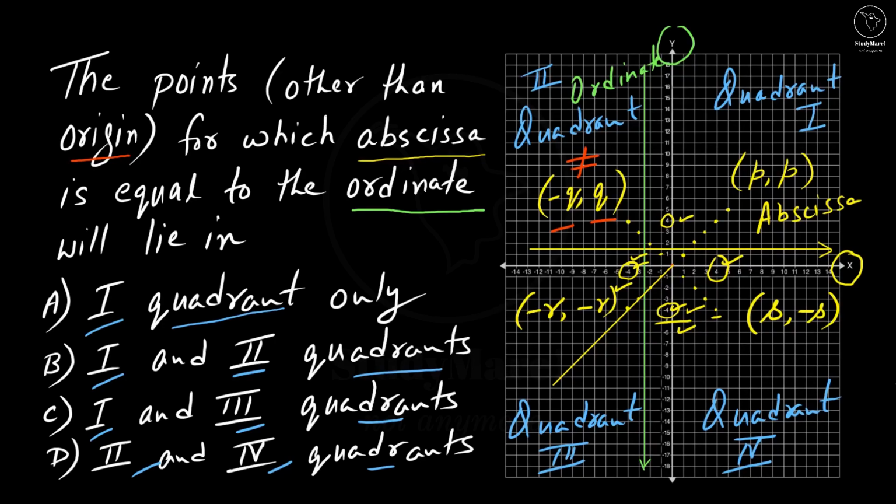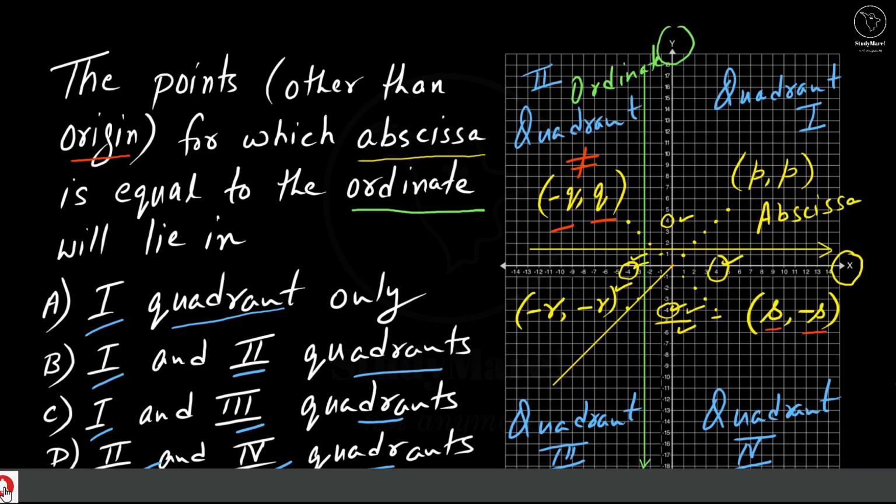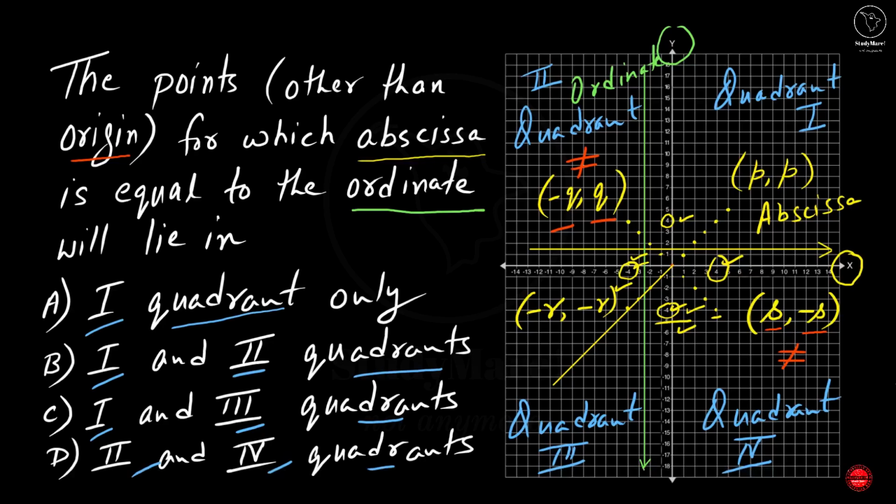Moving on to quadrant 4, the same way, when we are taking abscissa as S, the ordinate is -S, which are again not equal, which means that whenever we take any abscissa in quadrant 4 and take the equal value, its ordinate will always be the negative of the same number.